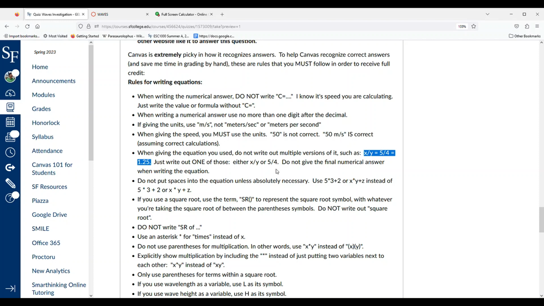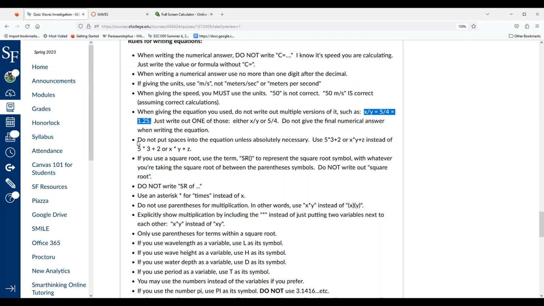It just makes things more difficult. Another rule, don't put spaces into the equation unless absolutely necessary, and there's no place where they're really necessary. So if you're going to be multiplying 5 times 3 and adding 2, just write 5*3+2, or x*y+z. Don't leave spaces in between them.